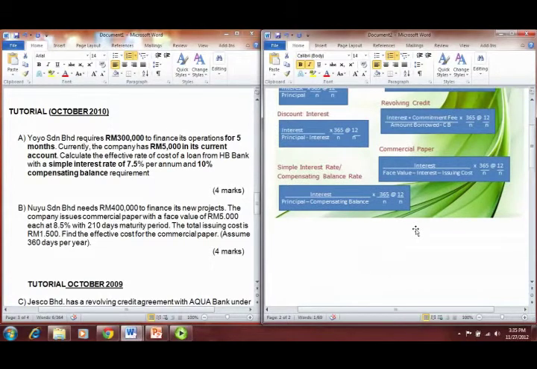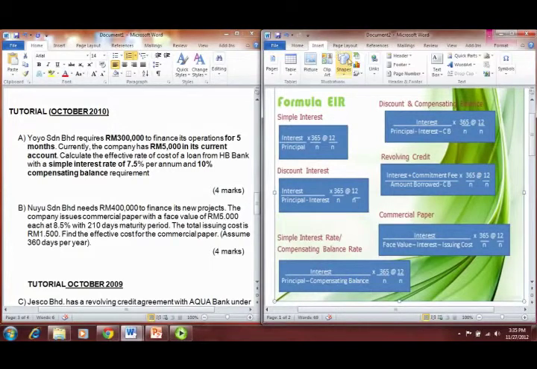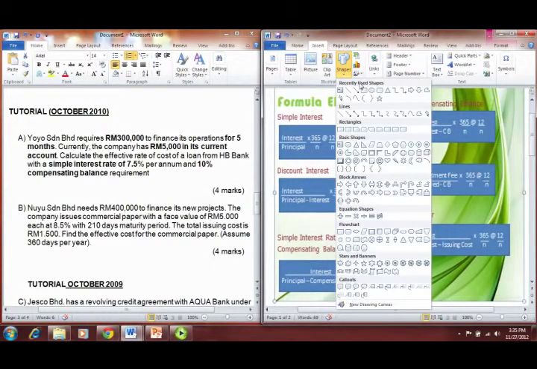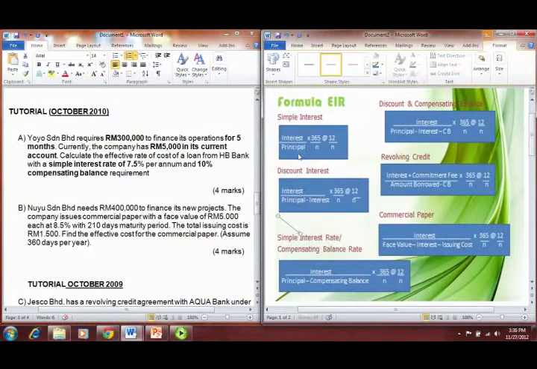So which formula, if you look at your right side, has interest, simple interest rate and compensating balance? Alright, as you can see now, class, this is the formula.